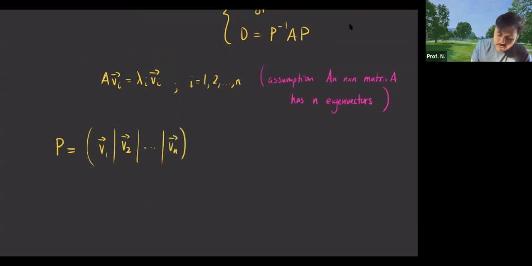So all the columns of P are the eigenvectors of A.